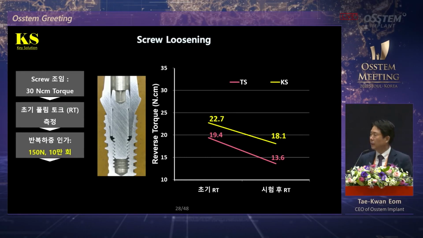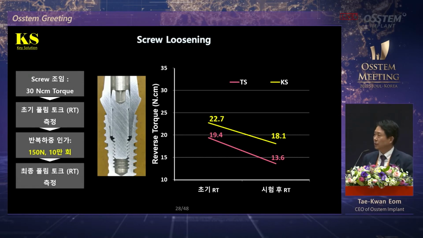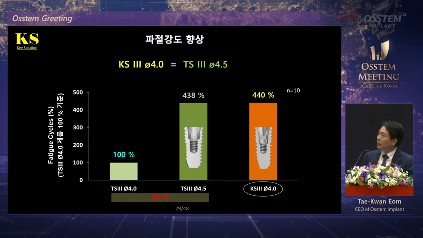So 120 Newton is applied, 150 Newton is applied repeatedly. What is important here is that KS is in yellow. The slope is not as sharp as the red one. That's better.